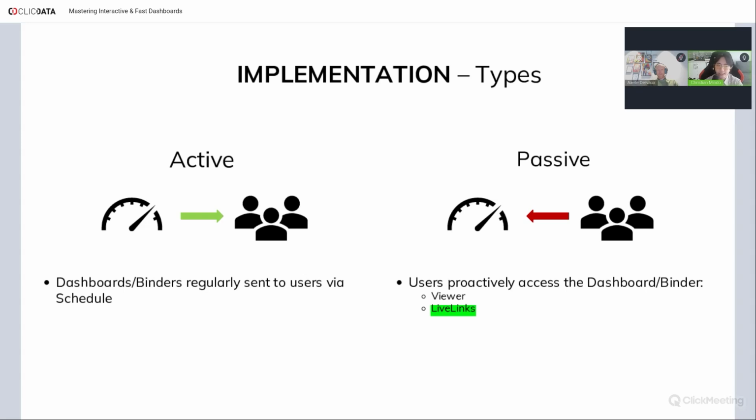And so, in the context of ClicData, this can be dashboards or binders being sent out through a schedule. And then we have passive, where we have dashboards that are ready and they're live, and we want users to come in to view the dashboard. So think of it as like inbound traffic in a sense.